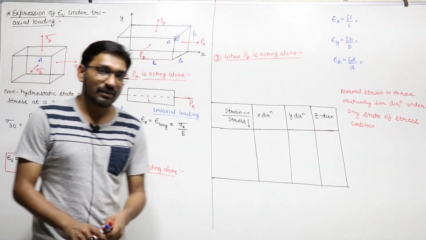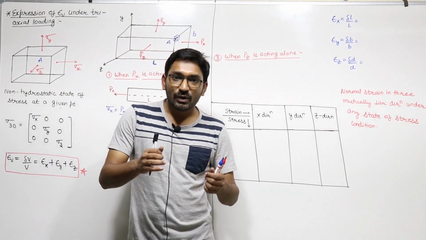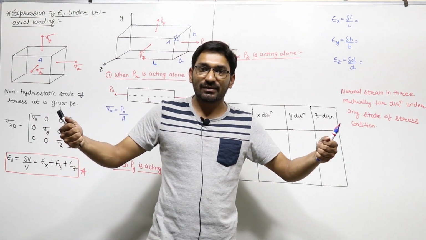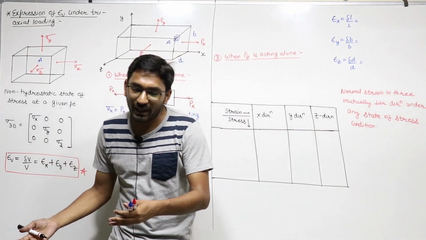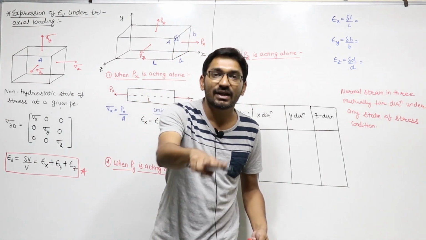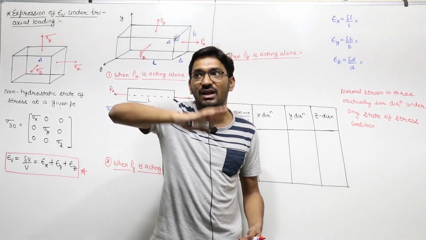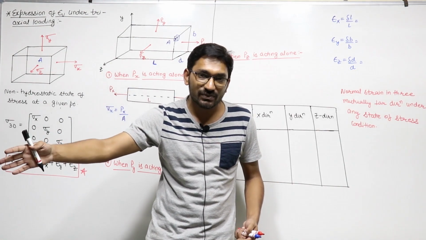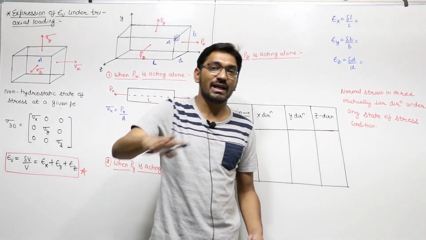Now we already see that a longitudinal strain is associated with two lateral strains in the other two perpendicular planes and of opposite nature, right?